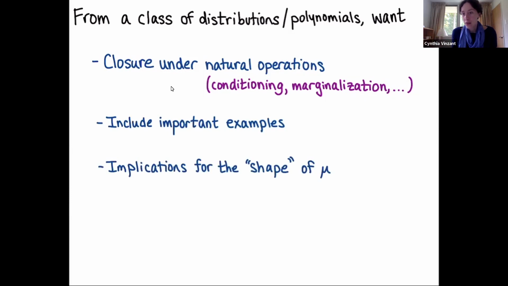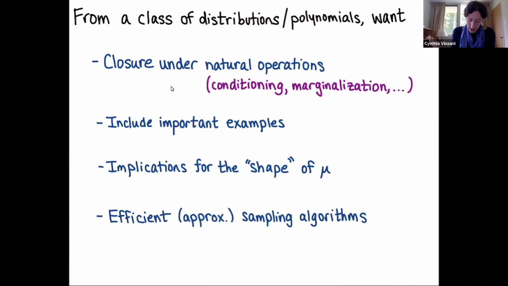One nice thing that one might like is that there's some commonality in terms of the shape of the distribution, where I'm going to keep that fairly vague, but we can understand somehow the geometry of the distribution.